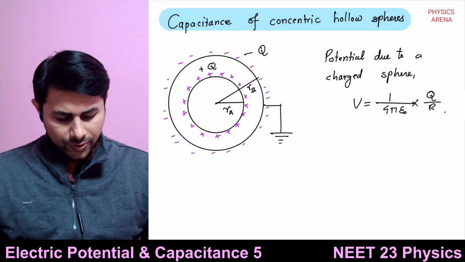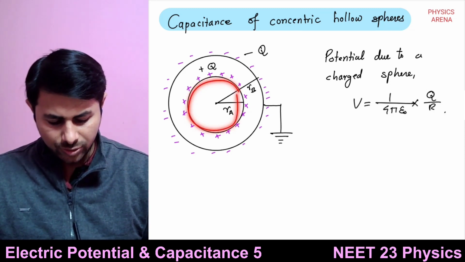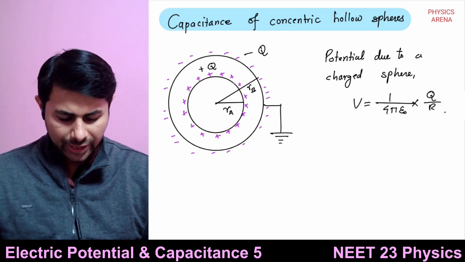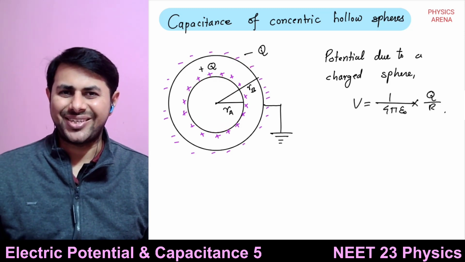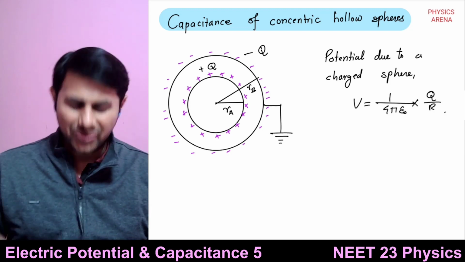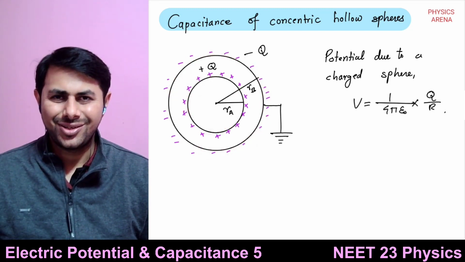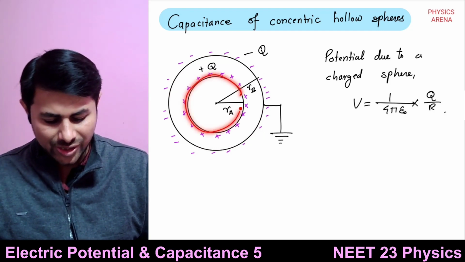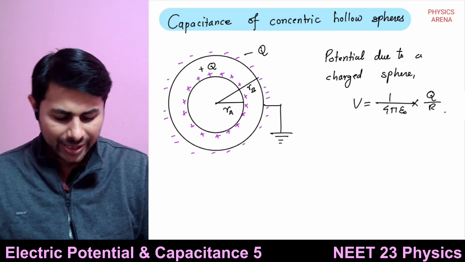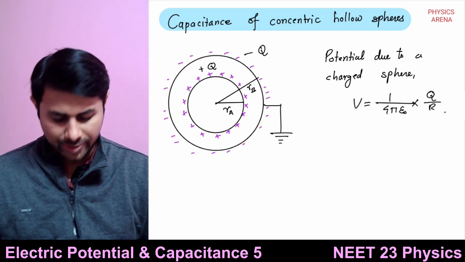Alright. So now we can find the potential difference between these two hollow metallic spheres. Of course, the potential at the inner sphere will be greater than the potential at the outer sphere, but we want to find the potential difference.